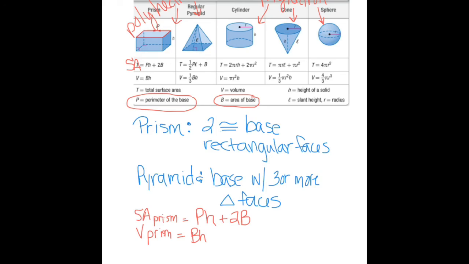So every year that we do this lesson, and this is just an introductory lesson, you'll actually get more exposure with solids later on, but every time we have this, students ask, do I need to memorize the formulas? So this is an 8th grade standard, 7th grade standard, 8th grade standard, and I think that's a 6th grade standard.